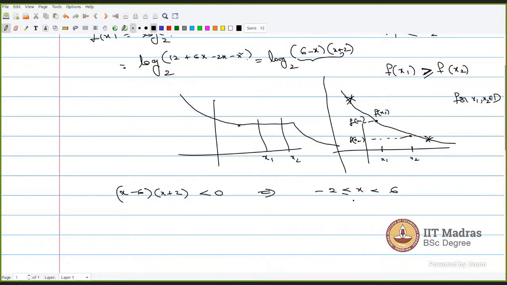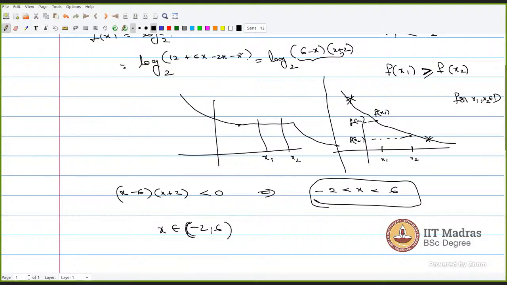Roots are minus 2 and 6, so this will be negative in between the roots. If x takes a value between minus 2 and 6, this particular product will be less than 0, and 6 minus x times x plus 2 will be greater than 0. Our defined interval, our domain, is x belongs to minus 2 to 6.